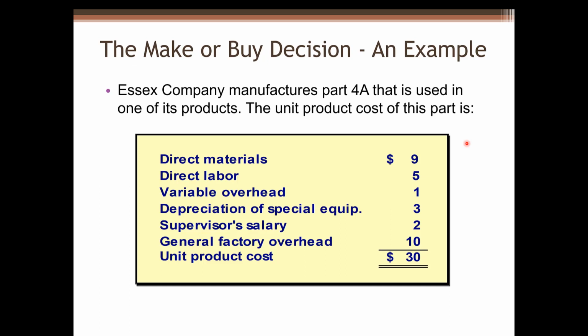Let's take a look at an example. ASICS company manufactures part 4A, which is used in one of its products. The unit product cost of this part includes direct materials, direct labor, variable overhead, depreciation of special equipment, supervisor's salary, and general factory overhead. So the total unit product cost is $30.